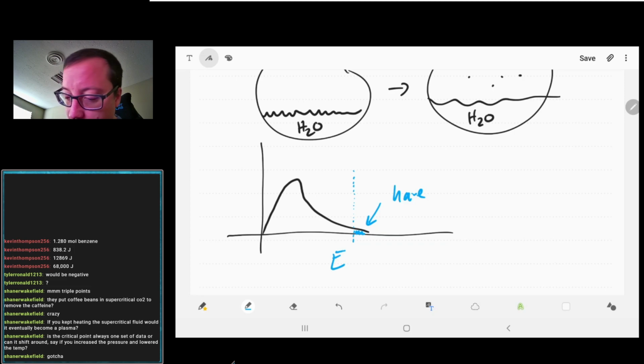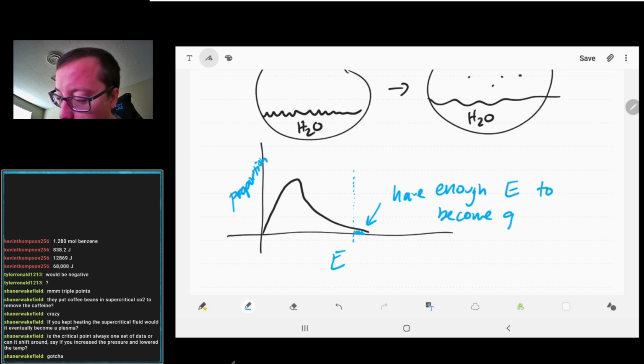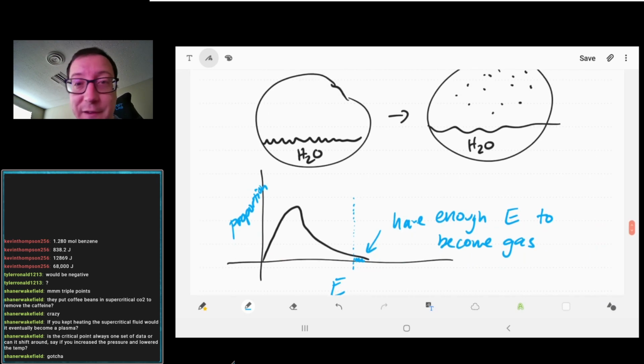Remember, this is energy and proportion. These have enough energy to become gases. So you're always going to have some small portion of your molecules at any given temperature that will have enough energy to become a gas.